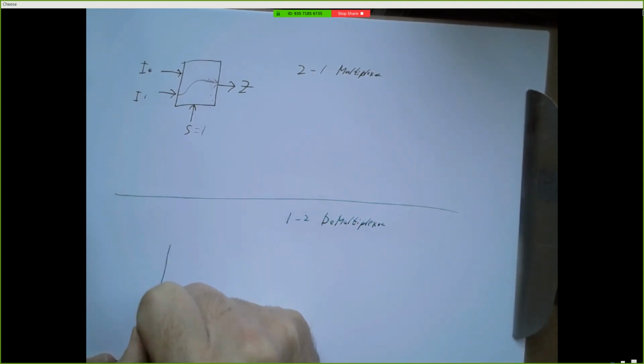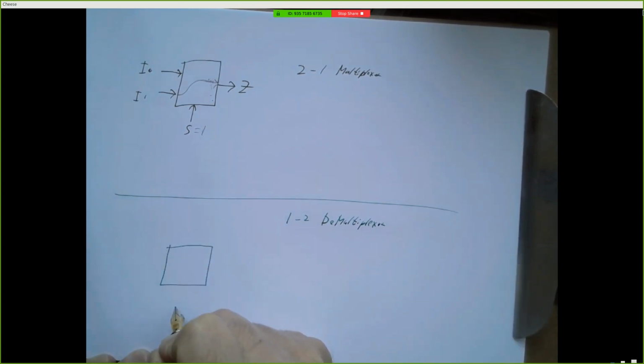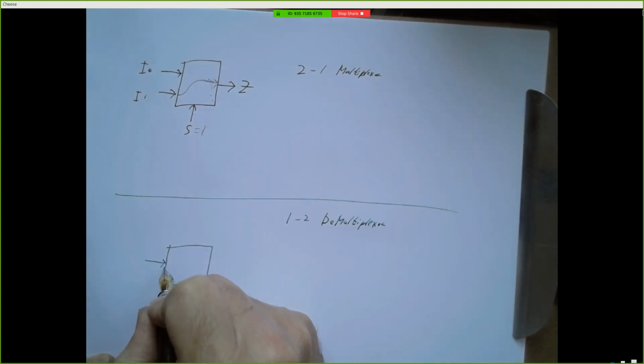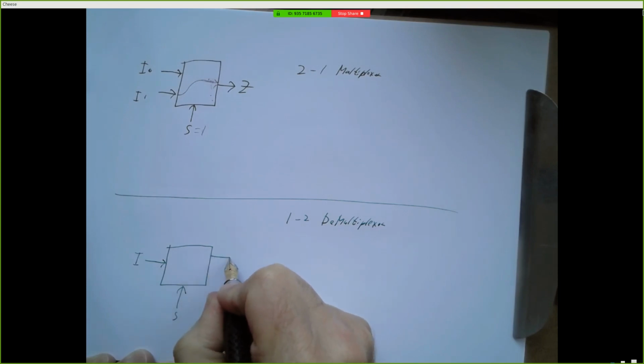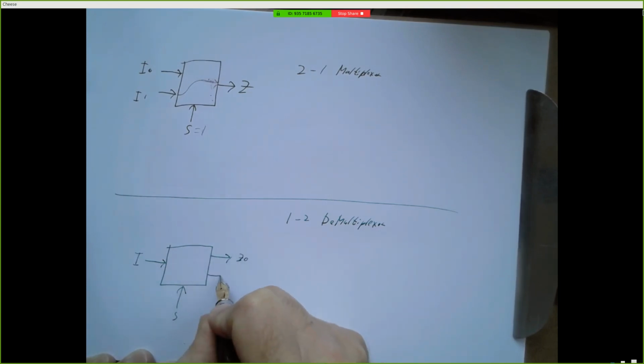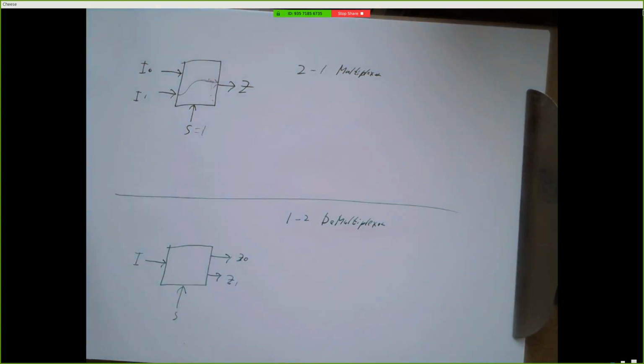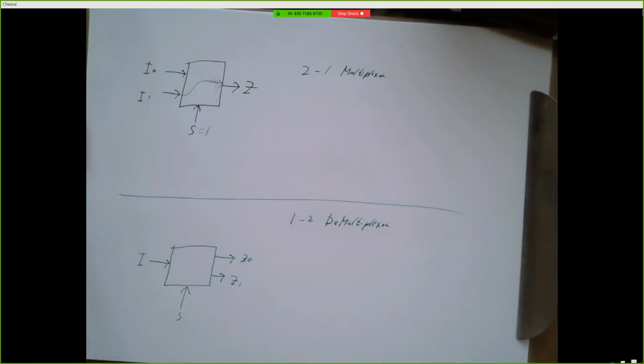A demultiplexer does the opposite. A demultiplexer says I have one input, which output do I want to send it to? So if I set my select input to 0, it'll take my input and send it to output Z0.